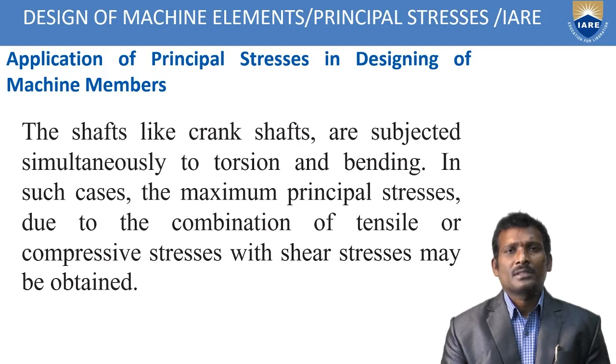Take an example, shafts like crankshafts in an IC engine are subjected to torsion loads and bending loads. In this case, the maximum principal stress will occur due to this combination of tensile or compressive stresses with shear stresses.